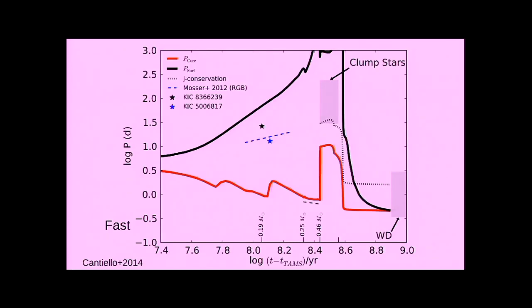But one thing we do notice is that the kind of angular momentum content of those cores in the core helium burning phase is roughly consistent with the angular momentum content of the white dwarfs they produce. And so you don't necessarily need to have anything happen to them, any angular momentum transport, after about the end of the core helium burning phase. You could spin them up and slow them down or something again, but you don't necessarily need to.